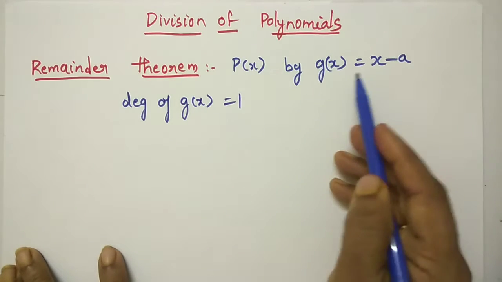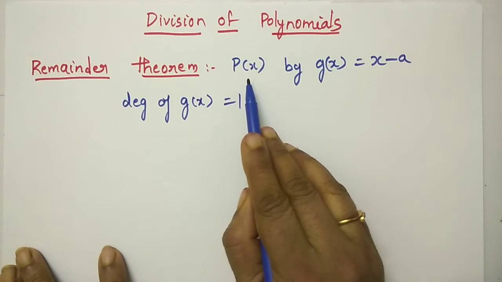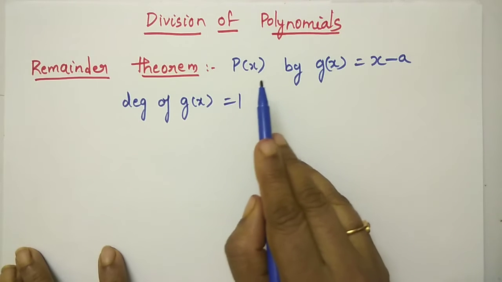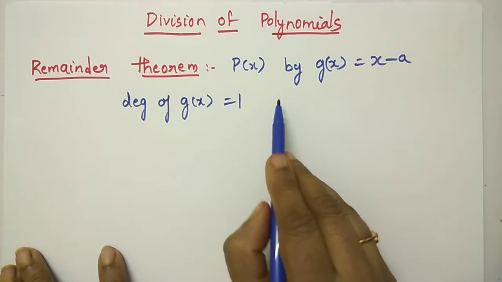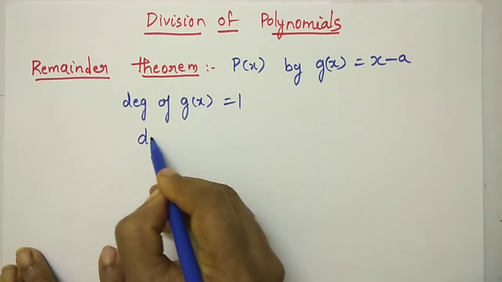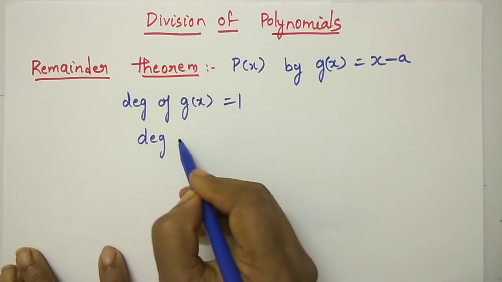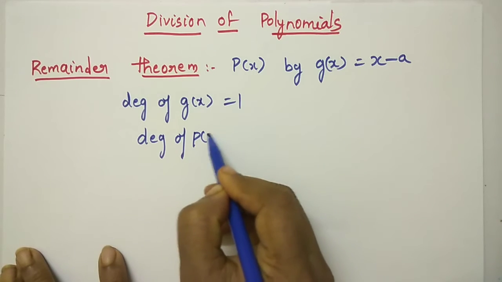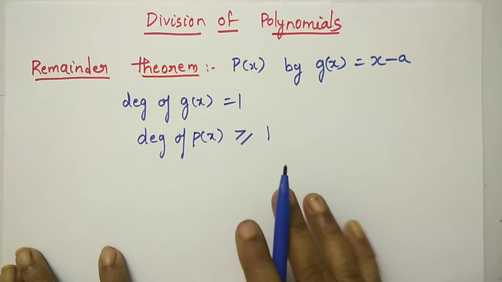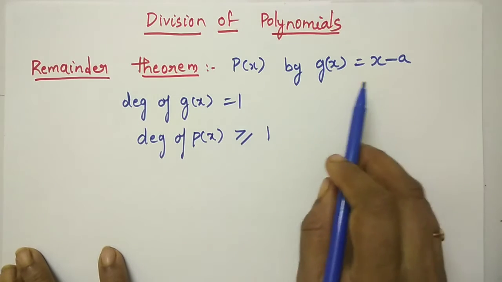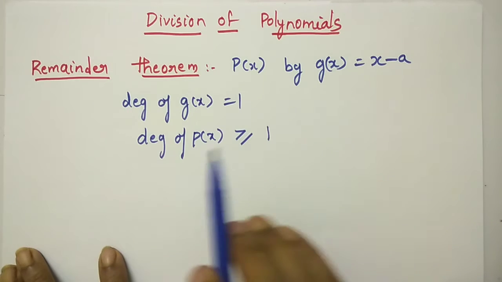We can divide the polynomial p of x if its degree is greater than or equal to that of g of x, as we studied in the previous video. Here the degree of g of x is 1, so the degree of p of x should be greater than or equal to 1. Then only we can divide p of x by a linear polynomial.